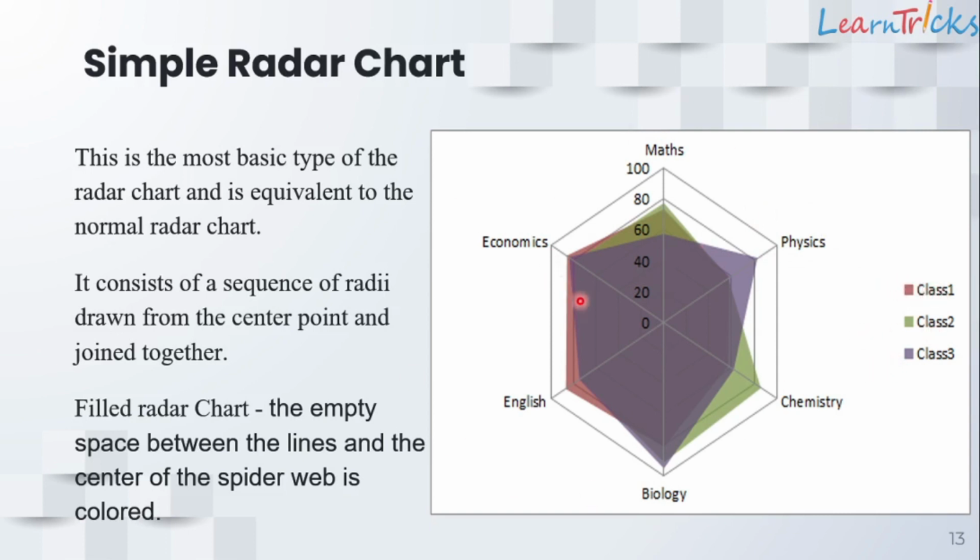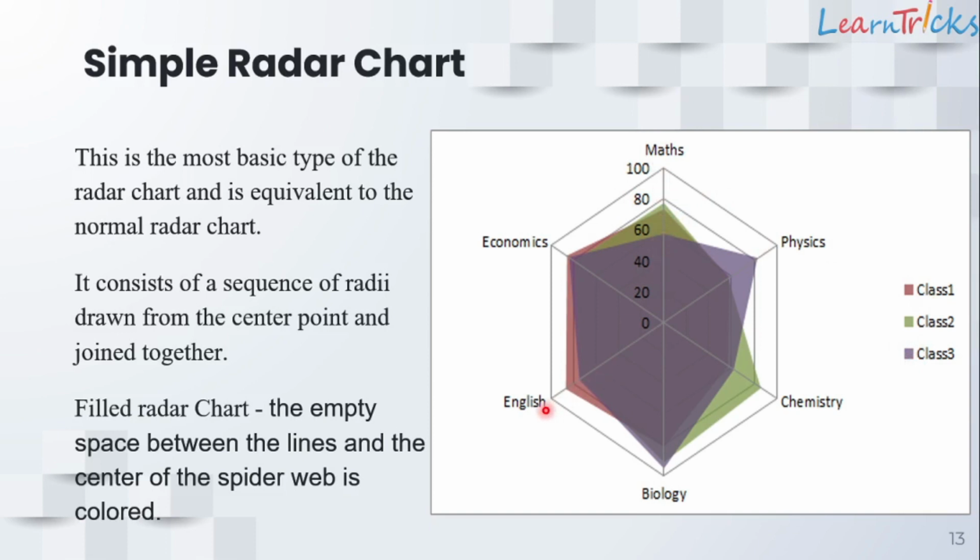By just observing, we can say that in physics, class 3 students have obtained higher marks, while in maths, the class 2 students have obtained higher marks, class 1 somewhat lower, and class 3 students obtained the lowest marks in maths.